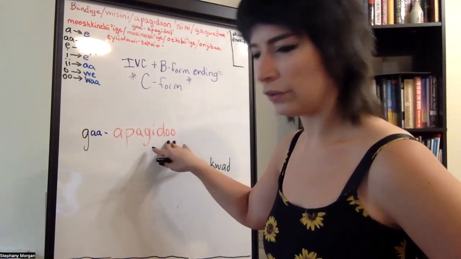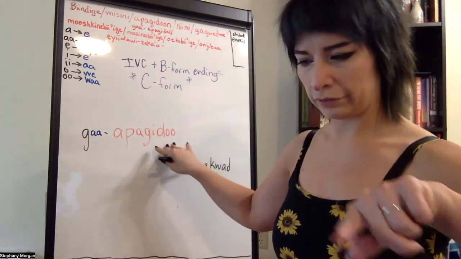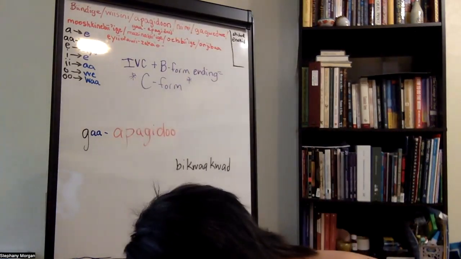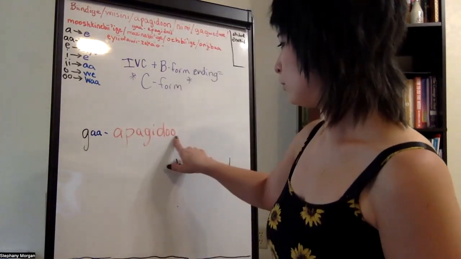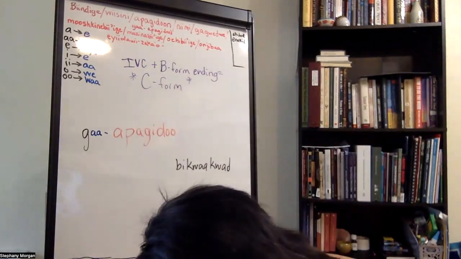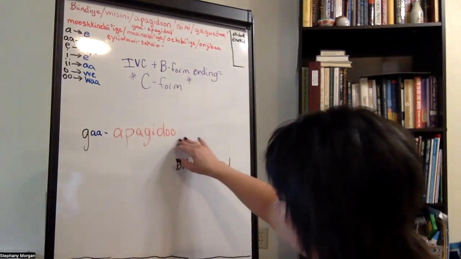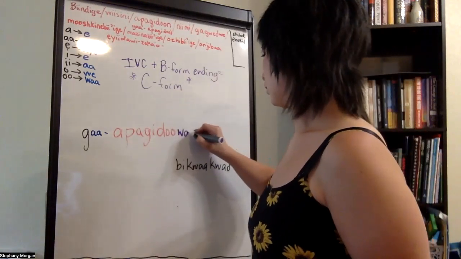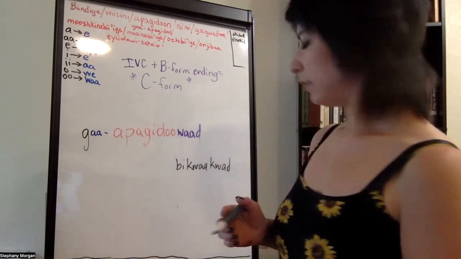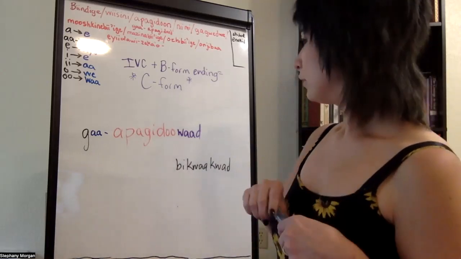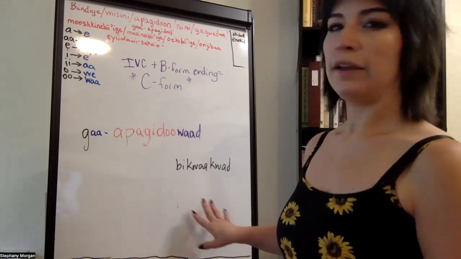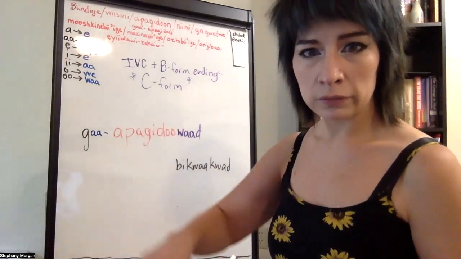And so if you look at your VTI paradigms and you scroll down to the next to last one, for our VTIs that end in un, it becomes ga apagidoowad. Our B form ending for winawa is wad. Ga apagidoowad bikwakwood. They are the ones who were throwing the ball.